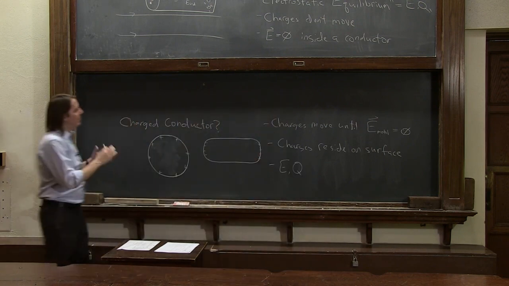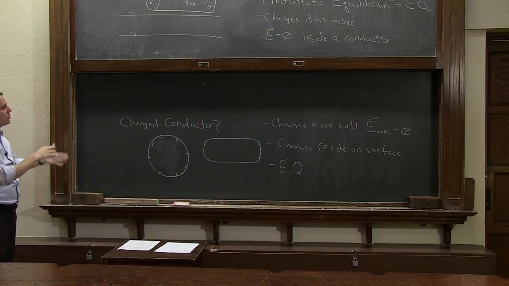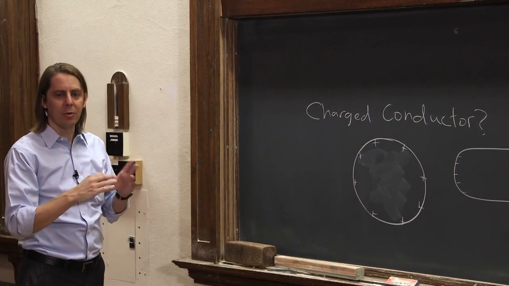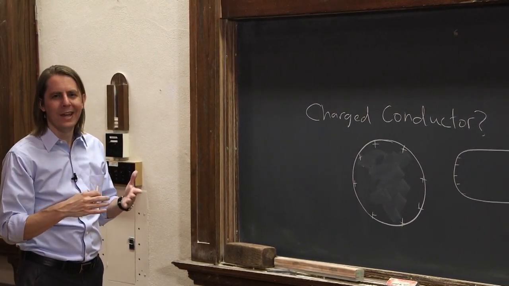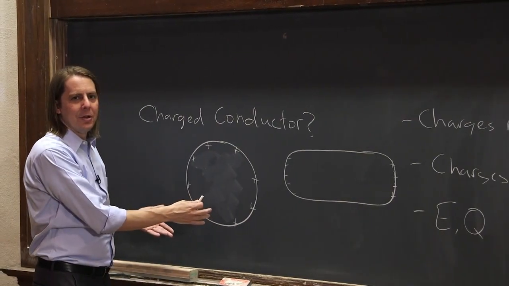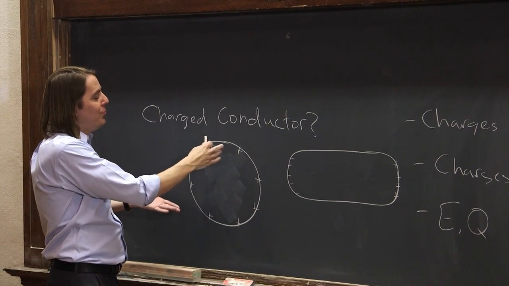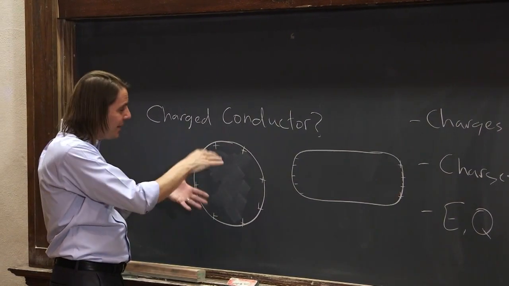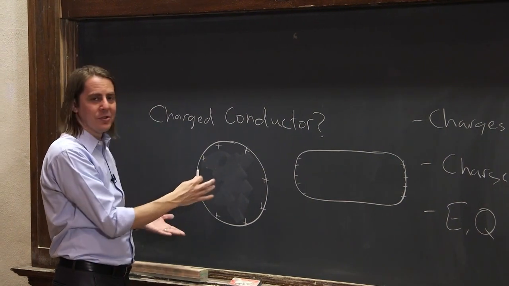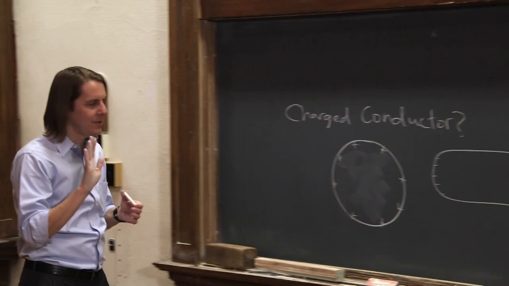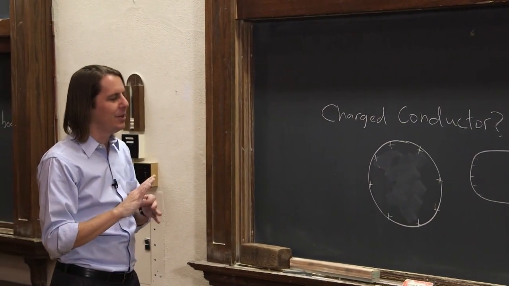Okay? So my point really is just that a neutral conductor or a charged conductor, it doesn't make a difference. It's always the case that in a conductor at equilibrium, the field inside is 0. And the reason is, if the field weren't 0, the charges would move. Where would they move? They would move until the field is 0. The field has to be 0 in the metal, because that's the only way the charges can stop moving. So we're going to keep working with that idea, but definitely keep in your head that the field inside the metal has to be 0.